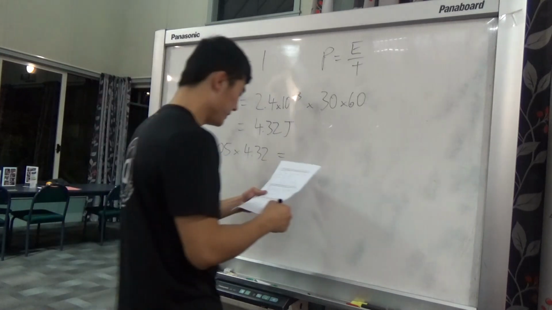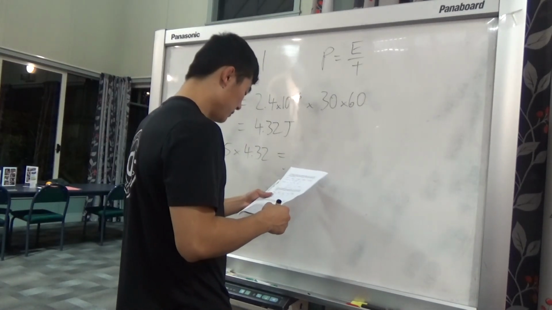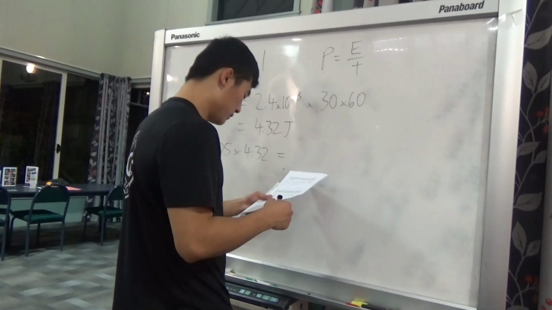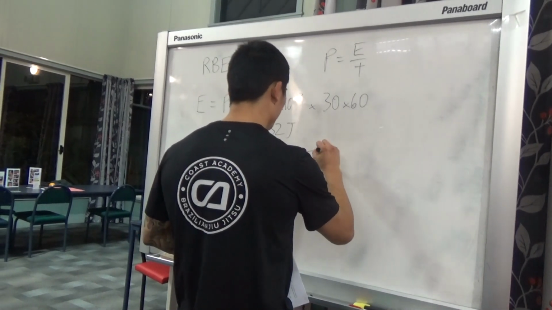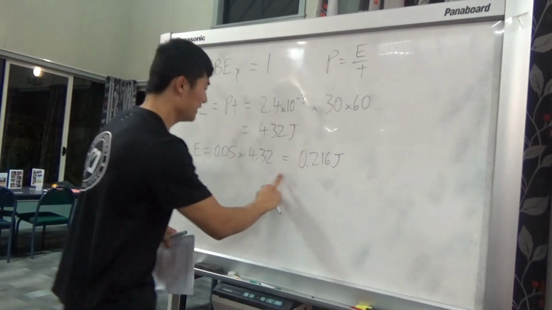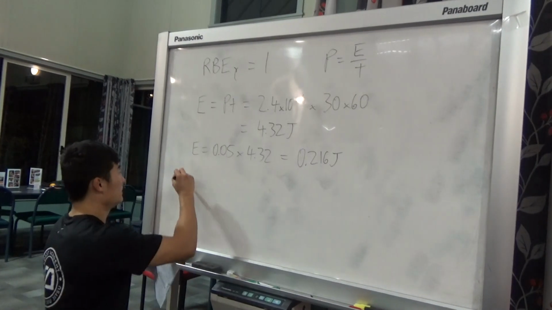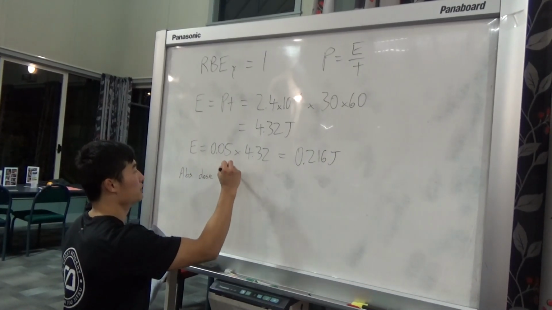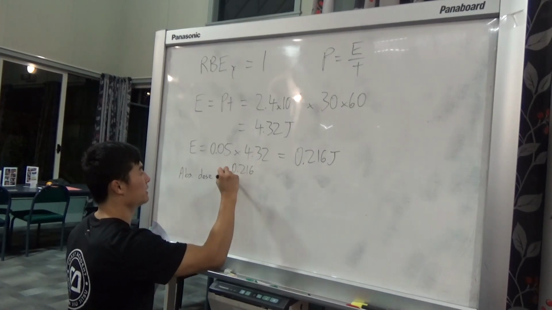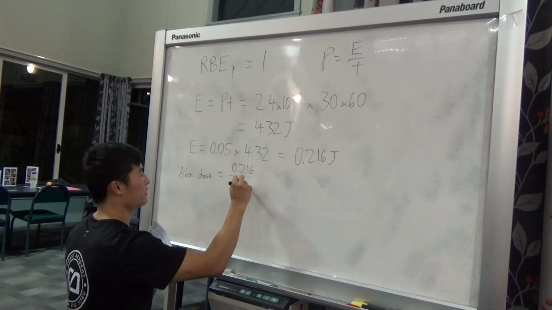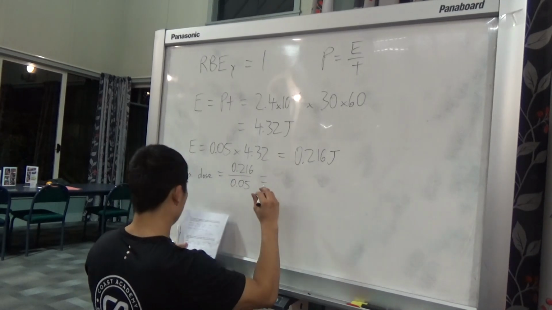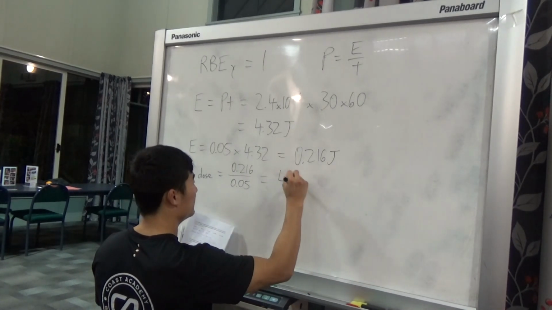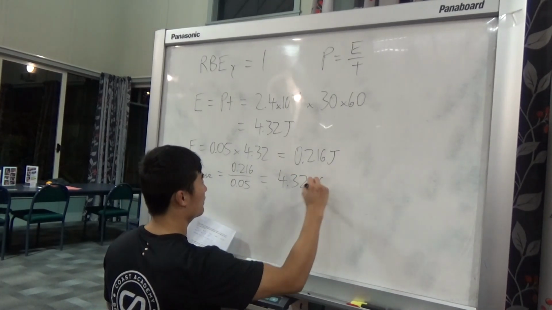Okay, so that's going to be 0.216 joules. So that's the amount that's actually absorbed. So absorbed dose is equal to 0.216 divided by 0.05. And that's going to be 4.32 grays.